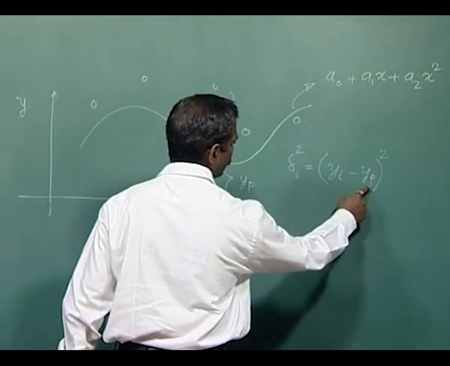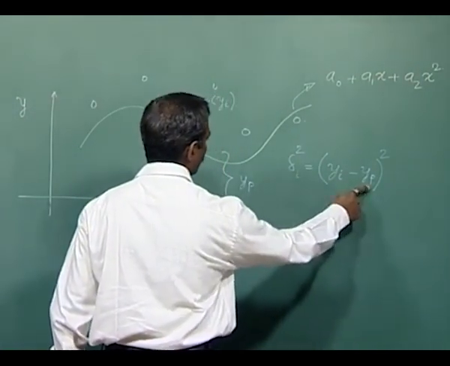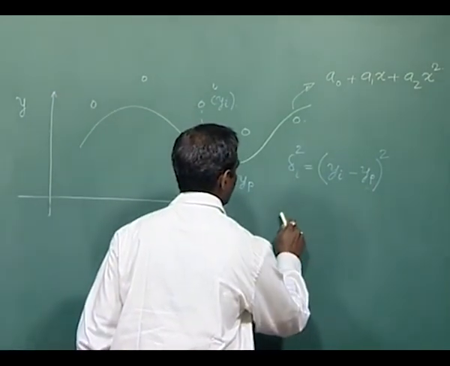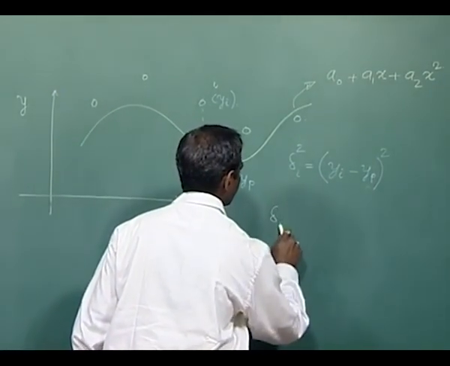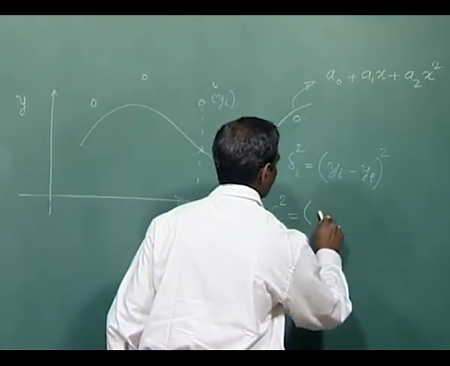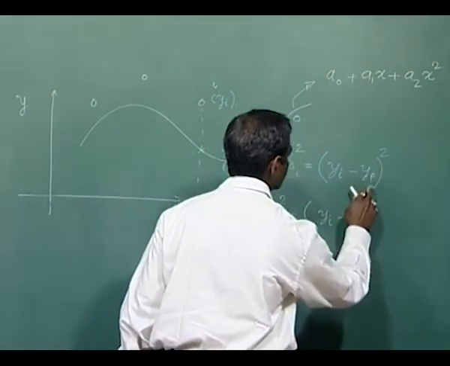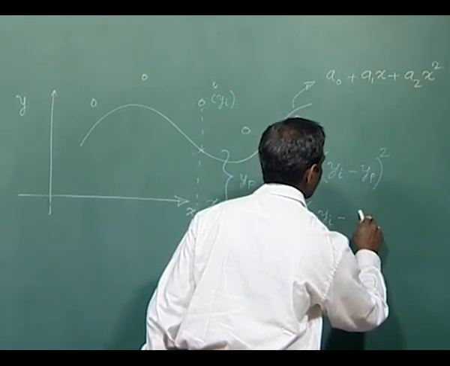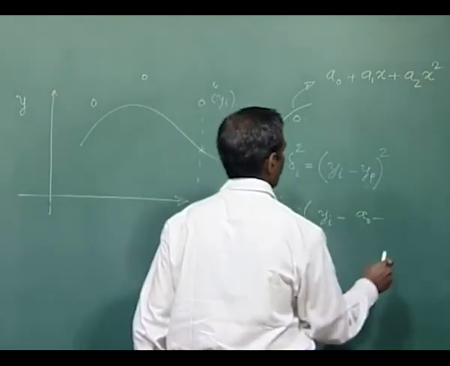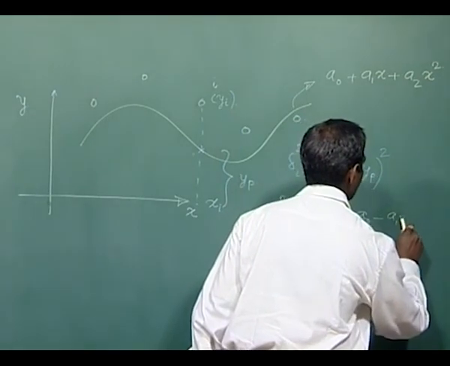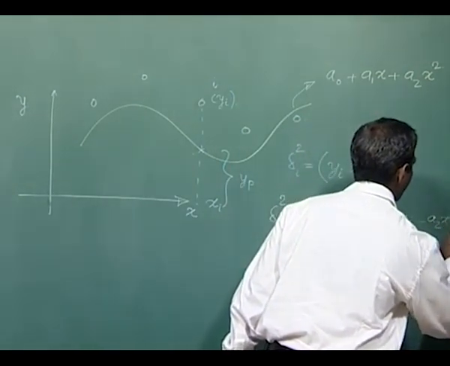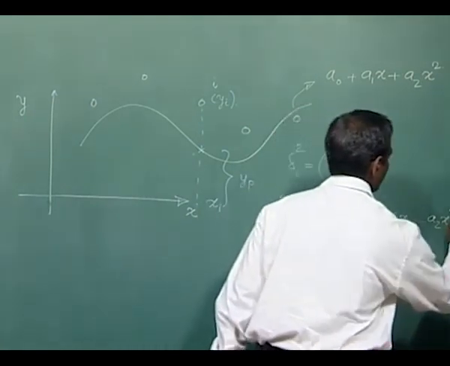So the predicted value yp for x equals xi will be given as, well, in fact, let me compute the error. This is yi minus yp, which will be yi minus a0 minus a1 xi minus a2 xi squared, the whole square.